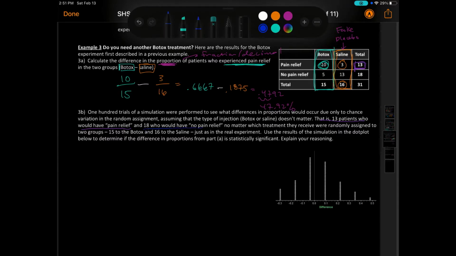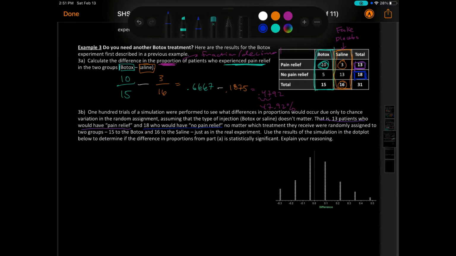And the 18 who had no pain relief, here in blue, no matter what treatment they would receive, would be randomly assigned to two groups, 15 to the Botox and 16 to the saline. Just as in the real experiment. Use the results of the simulation in the dot plot below to determine if the difference in proportions for part A is statistically significant. Explain your reasoning.